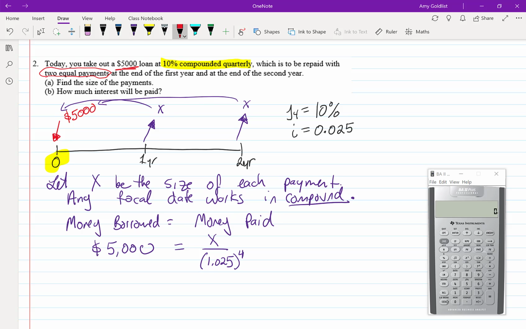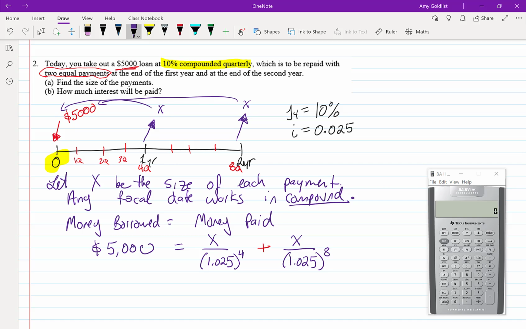If you're not sure about these measurements, go ahead and put those quarters in. So this is 1 quarter, 2 quarters, 3 quarters, etc. That helps. Now let's add that second payment, also 1.025, but this time it's going 8 quarters into the past.